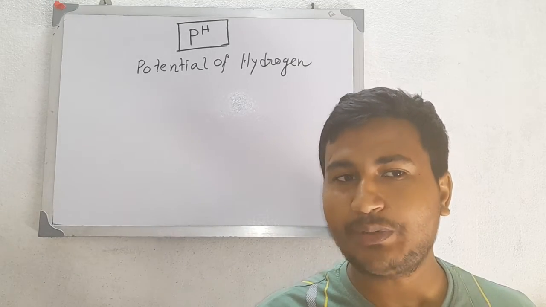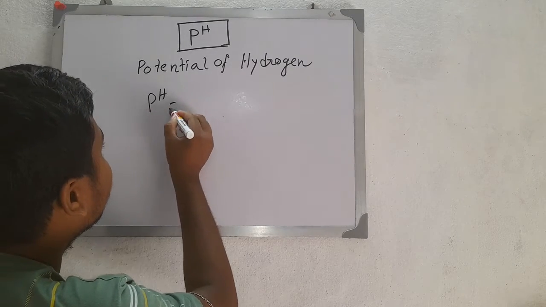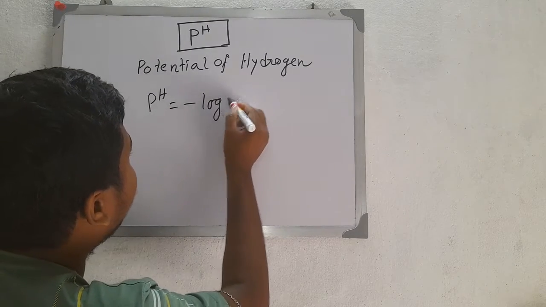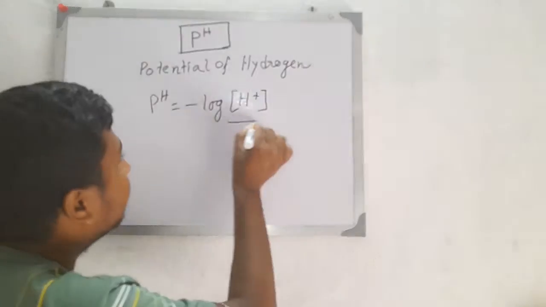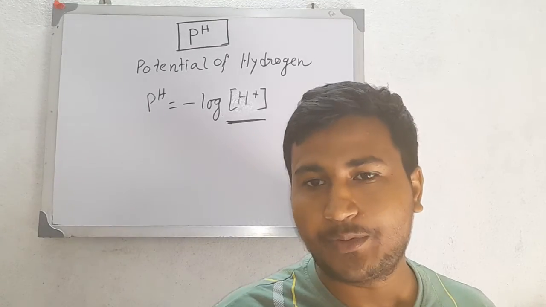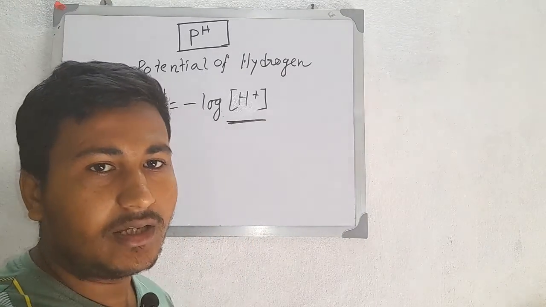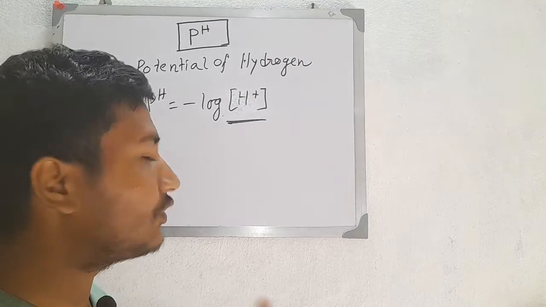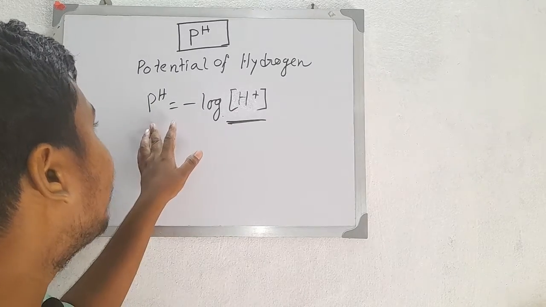What is the equation of pH? pH equals minus log of the concentration of H plus. That means it fully depends upon the concentration of H plus. The concentration of H plus in a solution helps to determine the pH value.